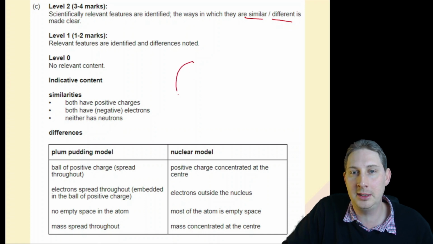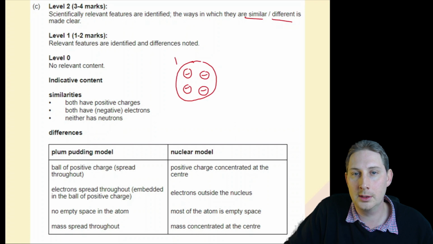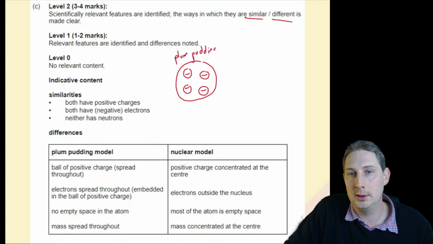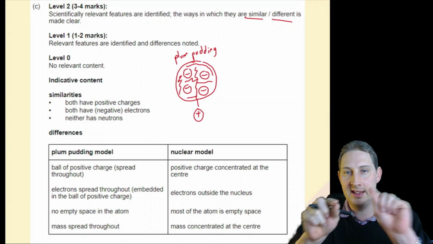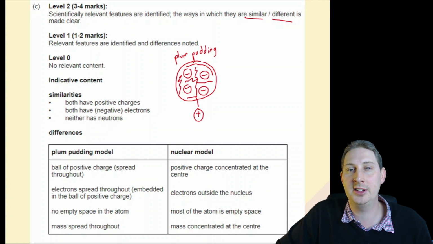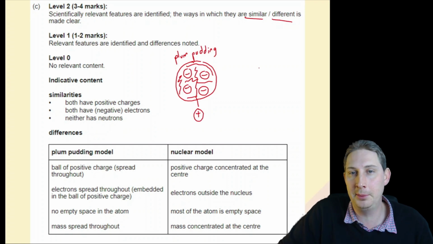The plum pudding model of the atom involved negative electrons embedded in a positive pudding, really. So there's no individual positive bits. The whole pudding is positive with little negative electrons stuck in, like plums stuck in a plum pudding.